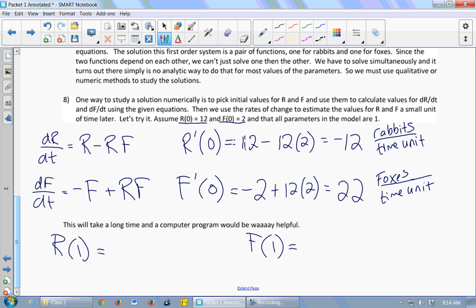So 1 unit of time later, how many rabbits are there going to be? 0. Yeah, starting with 12, going down by 12 every unit of time. 1 unit of time later, there will be 0 rabbits. And foxes started with 2, and they're increasing by 22 foxes per unit of time. How many are they going to have 1 unit of time later? 24.